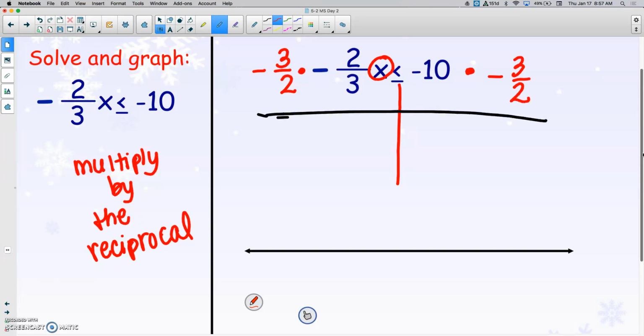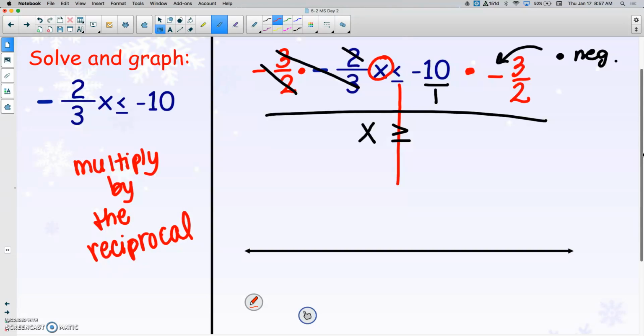That will cancel the 3's and the 2's and the negative sign. So it cancels the entire fraction. Because I multiplied by a negative, I do need to flip my symbol. And then I'm putting a 1 under the negative 10 because when multiplying fractions, you multiply straight across.